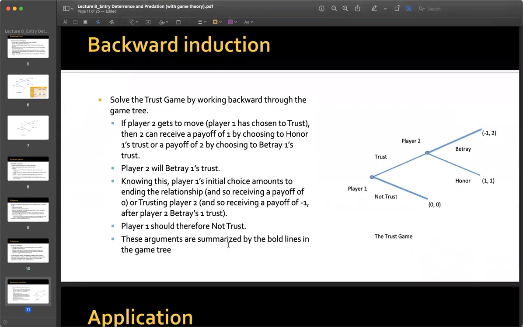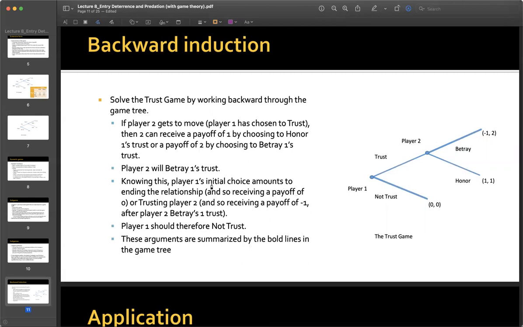Okay, so let's use all of these concepts to get the dynamic solution to this game. We solve it by working backward through the game tree. If player 2 gets to move, that is, if we reach this node because player 1 trusts, then player 2 can receive a payoff of 1 by choosing to honor, or a payoff of 2 by choosing to betray.